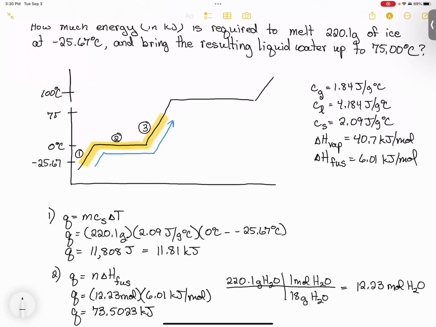Think about what the formula says. It has to have a change in temperature. Those are the sections that have a change in temperature. The section that doesn't have a change in temperature doesn't have that part of the equation. So again, I'm trying to give you some little clues to use.